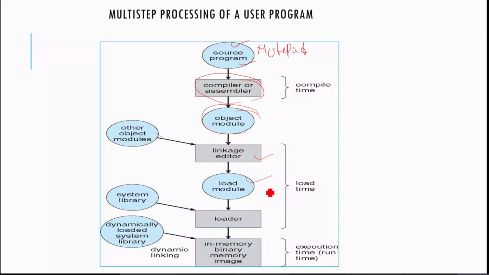Then you have to load those modules. So here the linker plays a role, and here the loader plays a role. This loader will load into the main memory, and whatever system libraries it requires, it will also add along with this.